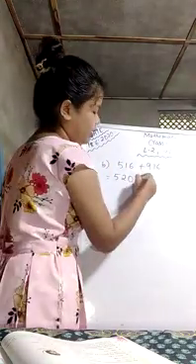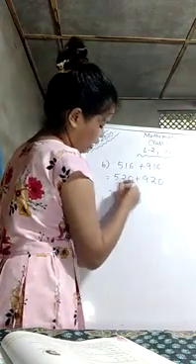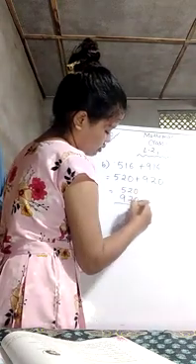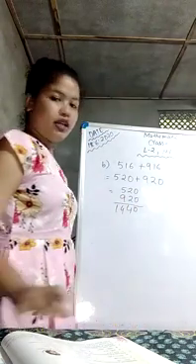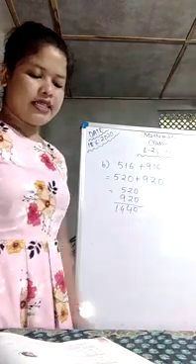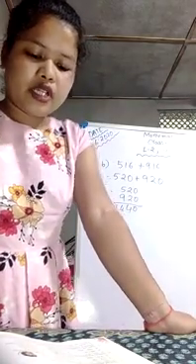Okay. The nearest tens of 916 also will be 920. So now we have to add. Answer is 1440. Okay. Then question number 2 is estimate the sums to the nearest 100 by first rounding off the number.